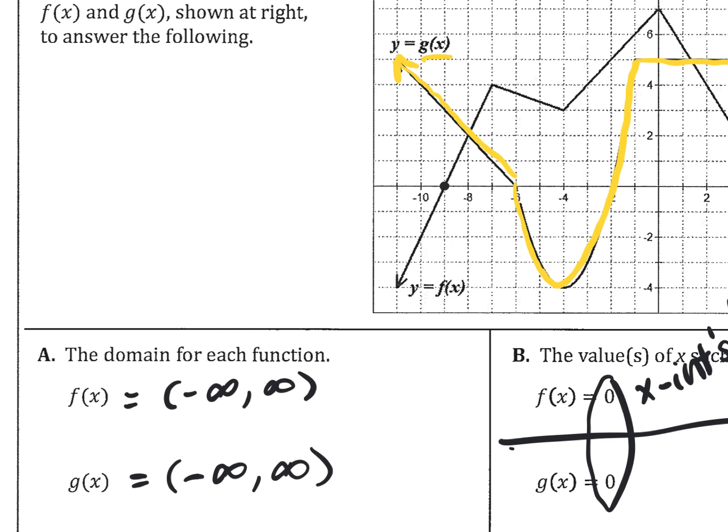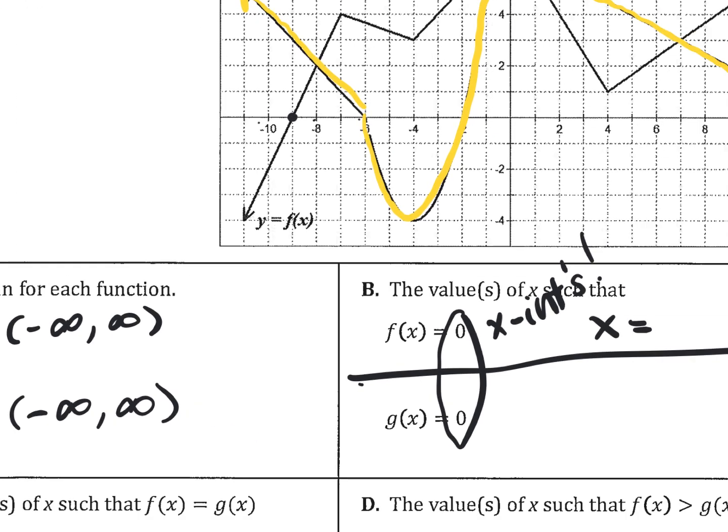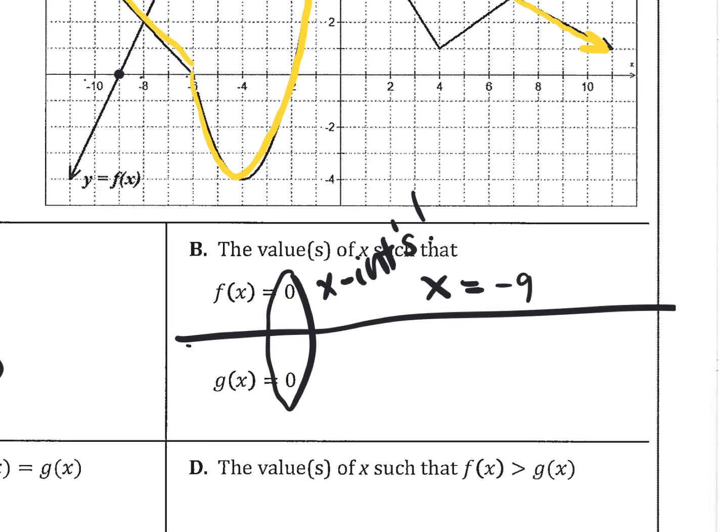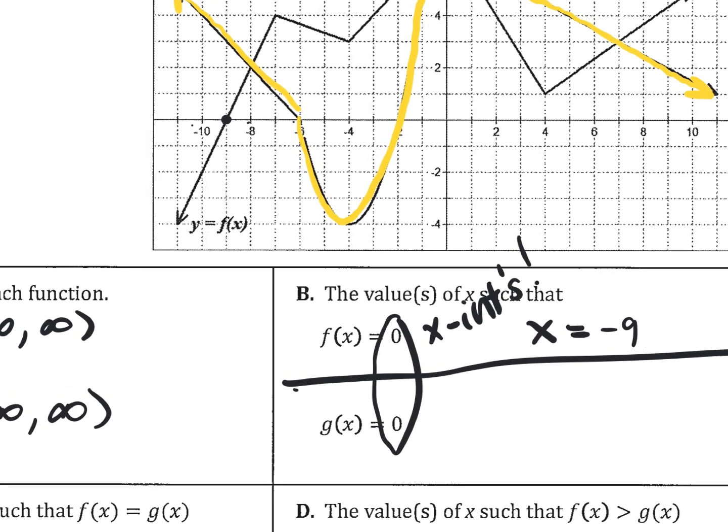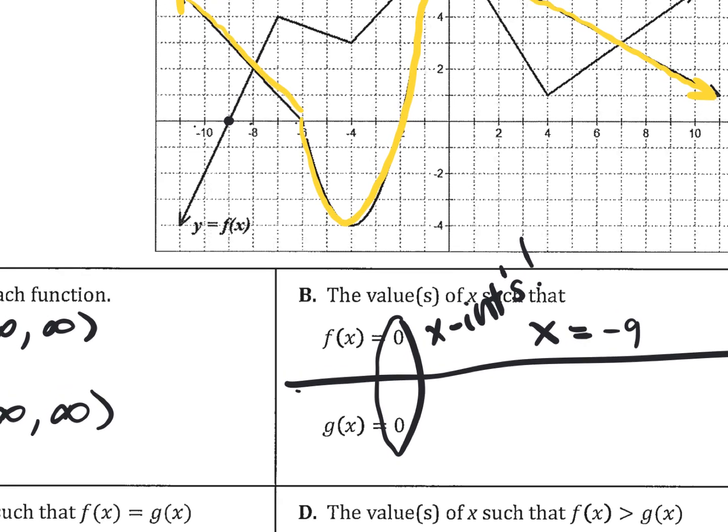At -9, doesn't it? That's 2, 4, 6, 8, 10's here, so 9's here, so -9. So x equals -9. Now, where does the yellow function cross the x-axis? Yeah, right here at -6, doesn't it? So this is x equals -6.